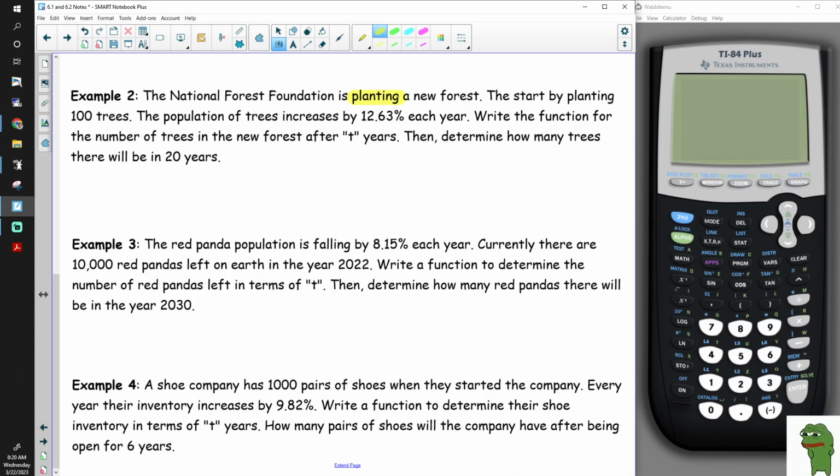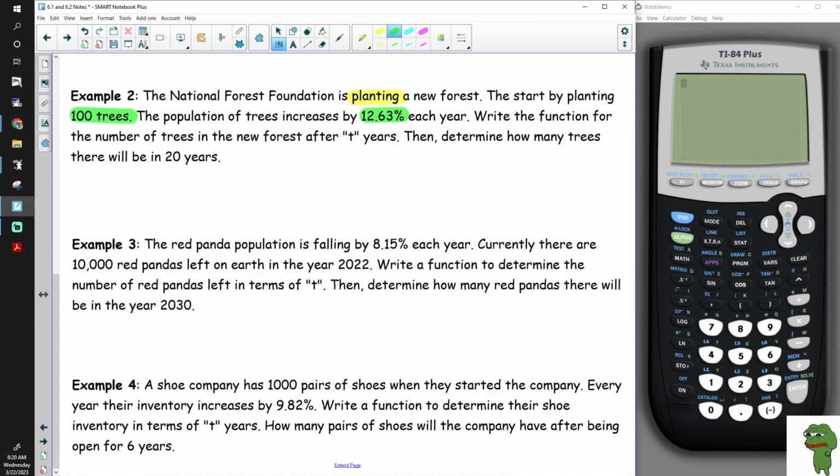Okay, let's figure out what's important. So in my problem, what was my initial amount? How many did I start with? 100 trees. That was my starting amount. And how much are my trees increasing each year? 12.63%.